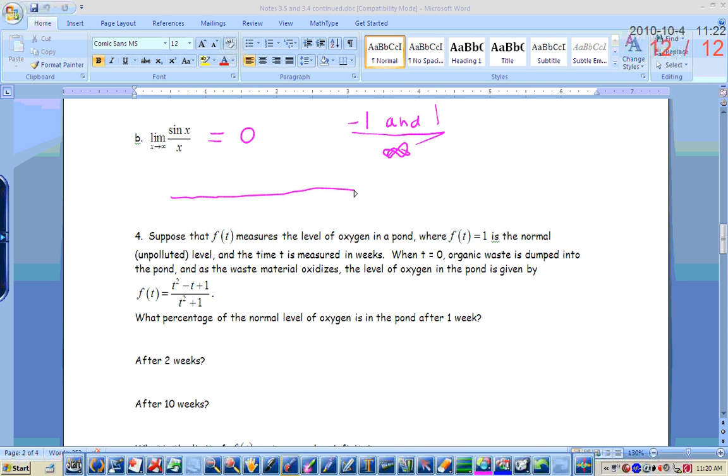What the graph of this looks like is this, where you're still going to be oscillating between 1 and negative 1, but every time x gets bigger and bigger, that oscillation is getting smaller and smaller and getting closer and closer to 0. Kelly? So wouldn't it still be going above and below?